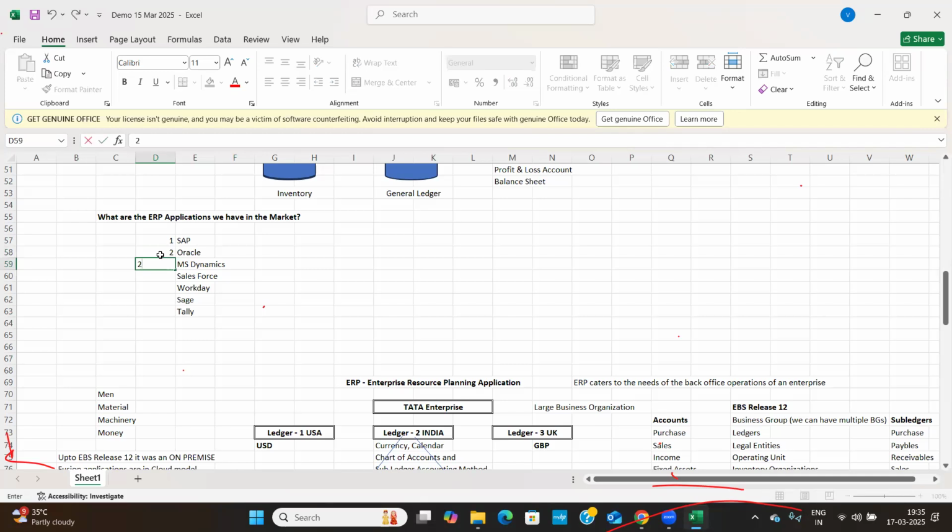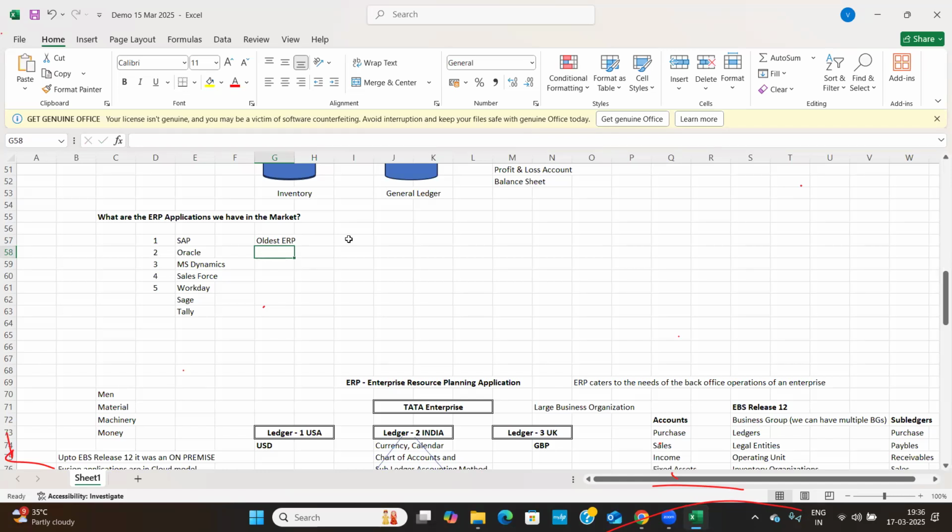The third one is MS Dynamics. I'm not giving ranks, I'm just giving you an example. In terms of usage, SAP is the oldest ERP. Oracle is the next oldest ERP. Oracle started in the 1990s.